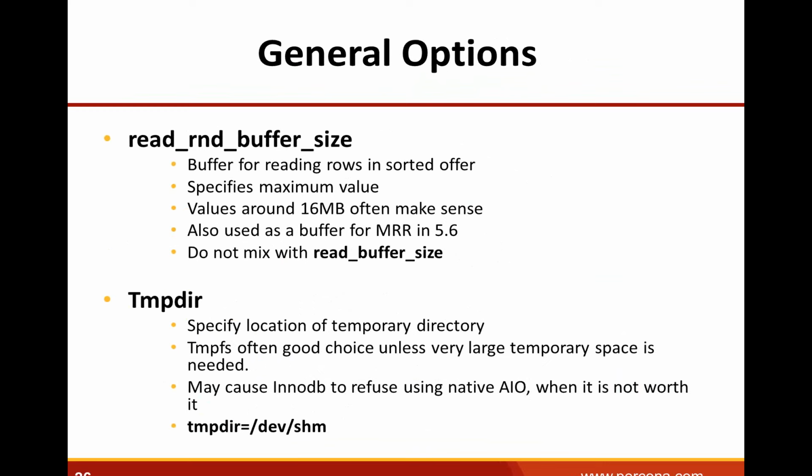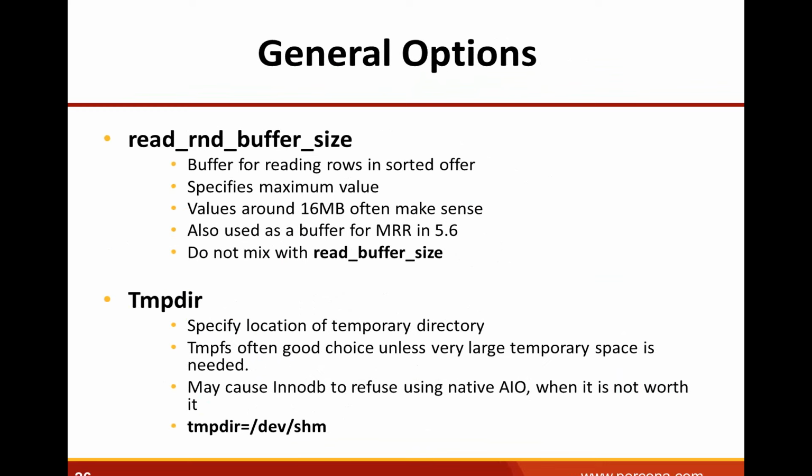So there may be a little bit more wisdom to setting those values, and that essentially applies to using very high values for this buffer, which may not work so well with MRR. I would also urge you not to mix it with read buffer size, which is a MyISAM only variable, even though it doesn't really have that in the name.